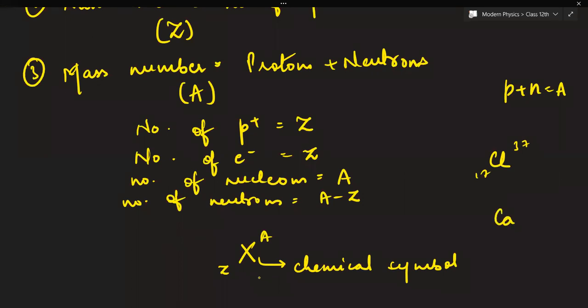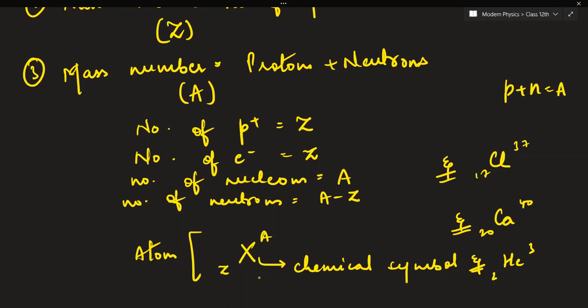Similarly calcium 40 and 20, helium 3 and 2, like this. These are examples of how an atom is represented, and the various constituents are also represented within it.